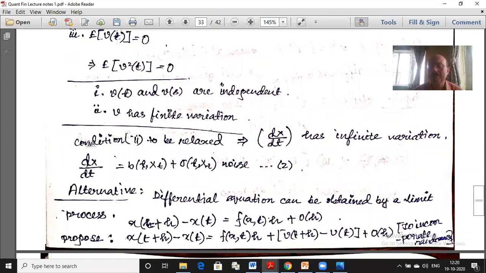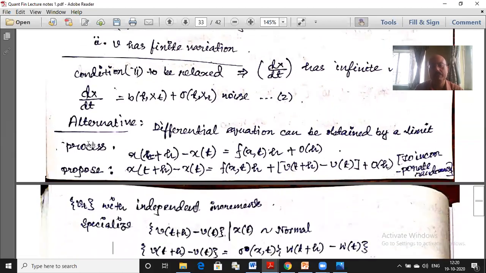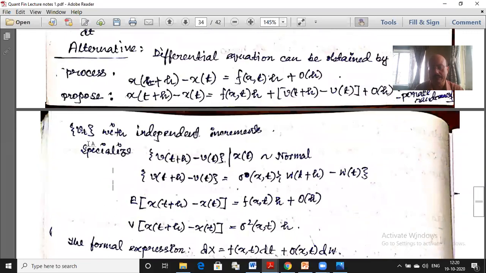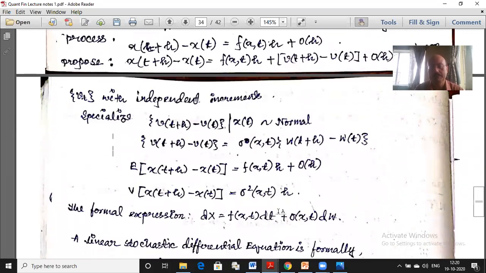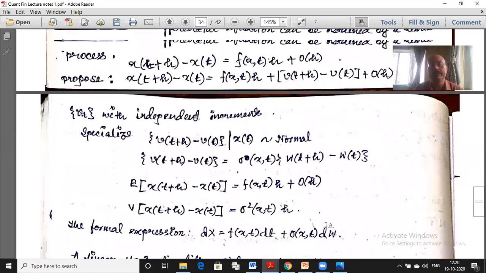If you just mechanically try to calculate the variance of dx/dt, what will you get? We have already said that the variance of dx is of the order of dt.